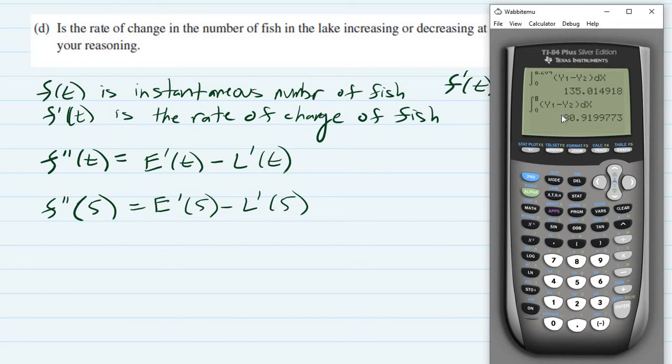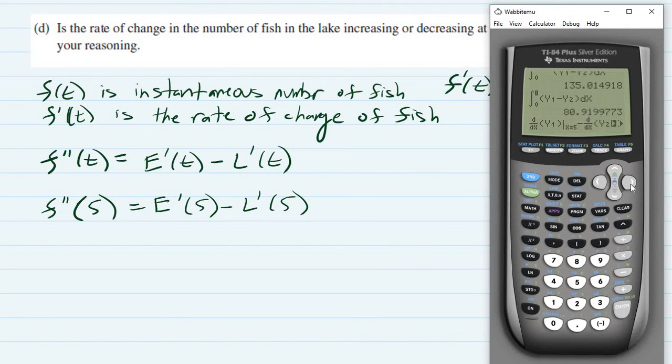So what I'm going to do here is use Math 8. I am going to take the derivative of y1, which was my e of t, and I want to know what that value is at 5. And I am going to subtract from that the derivative with respect to x of y2, which was my L of t function.